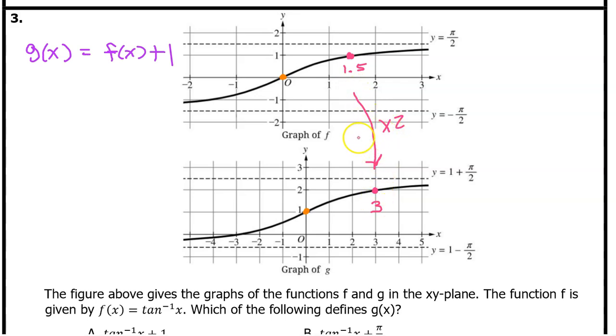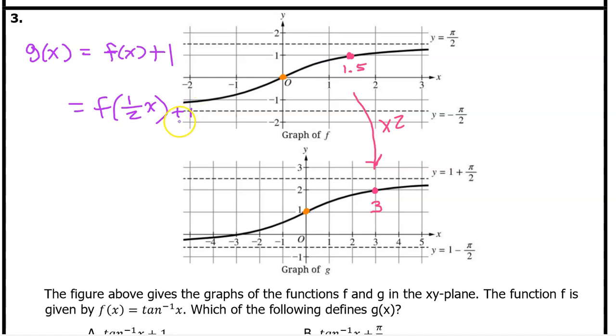How will that show up inside the equation? So a horizontal dilation shows up as the opposite of what it appears. It shows up as the reciprocal. So if I have a 1/2 x, that will be a horizontal dilation by a factor of 2.